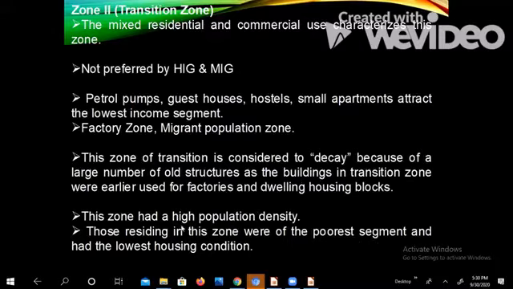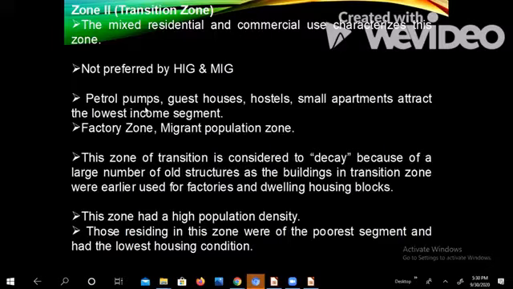This has a high population density of the migrant population sector, and it also has a very poor segment of society living here. It has mainly migrant population and various factories, etc. It is not actually residential.